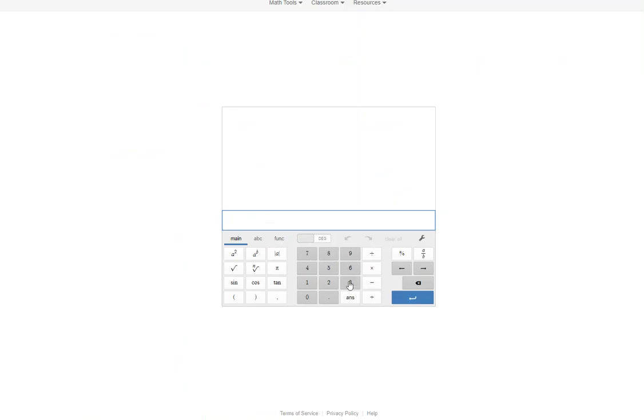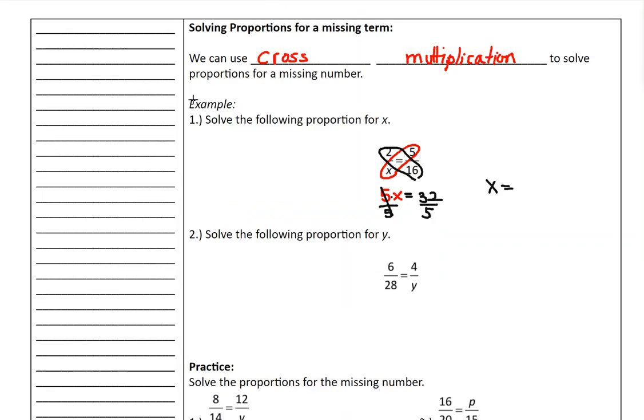So we do 32 divided by 5, and I get 6.4. So we know that x has to be equal to 6.4. So going back to our problem, in order for us to have equivalent ratios or proportional ratios, if the numerator is 2, the denominator has to be 6.4.